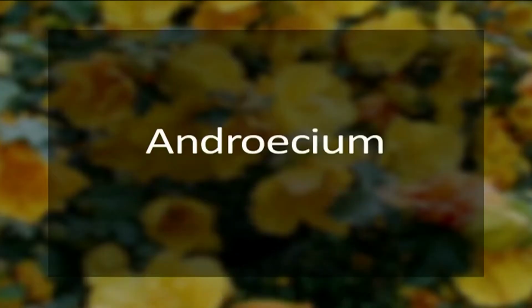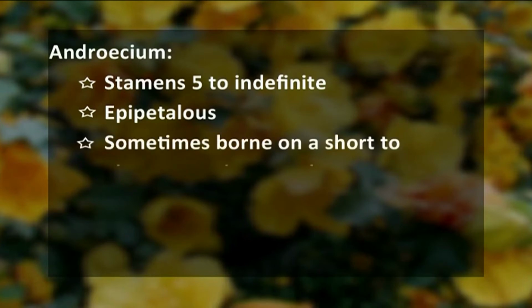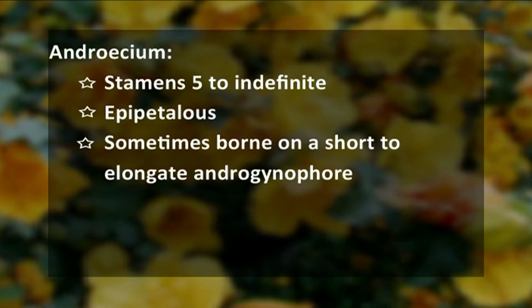Male part of the flower, that is androecium. The androecium comprises stamens, which are 5, or they can be of indefinite number. They are epipetalous, or sometimes they are borne on a short to elongate structure called androgynophore.